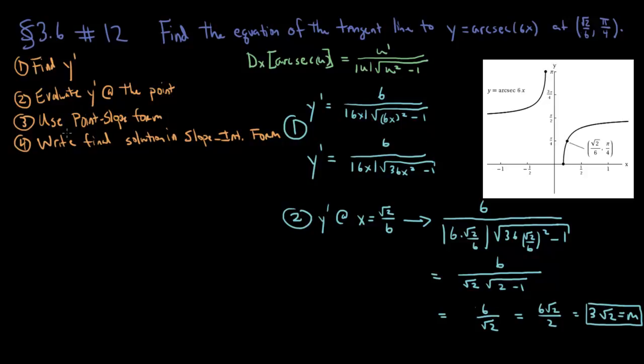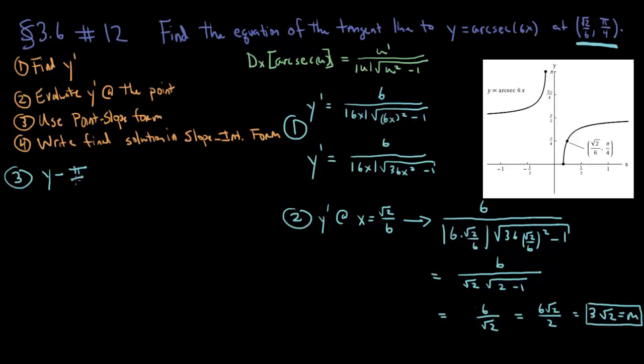Okay? Now I'll move on to step 3. Step 3 says to use point slope form to write the equation of the line. Okay, so step 3 over here, we have this point right here. And we have this slope down here. So point slope form says y minus y1. So y minus y1 is pi over 4.